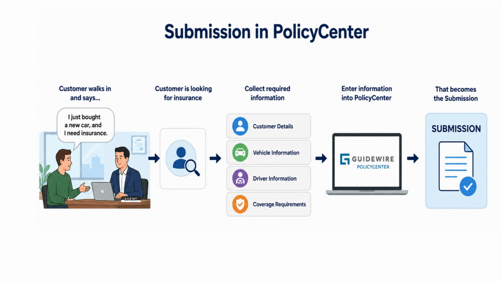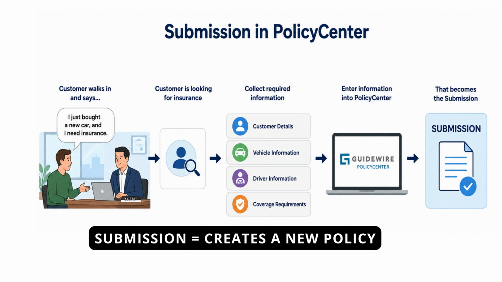The submission transaction is used to qualify policy candidates, generate quotes, and bind and issue a new contract if the applicant accepts the terms. A submission may not result in a policy being issued because the applicant may not qualify, or the quote may not be acceptable to the applicant. So, if you remember only one thing about submission, remember this: submission equals creates a new policy.